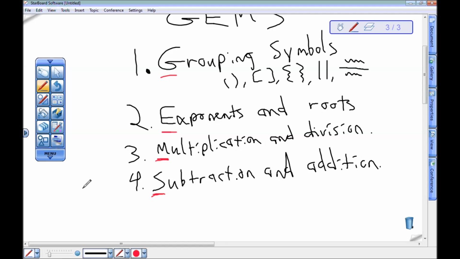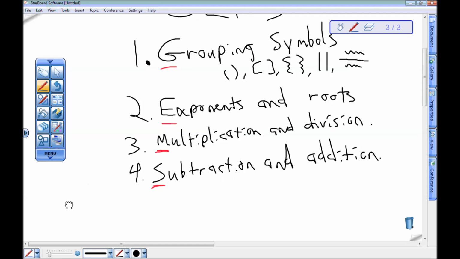What most students tell me is that they've memorized something, either a phrase or just an acronym, that helps them remember these things. Most students tell me that's PEMDAS or Please Excuse My Dear Aunt Sally. I am not a fan of Please Excuse My Dear Aunt Sally for the following reason.